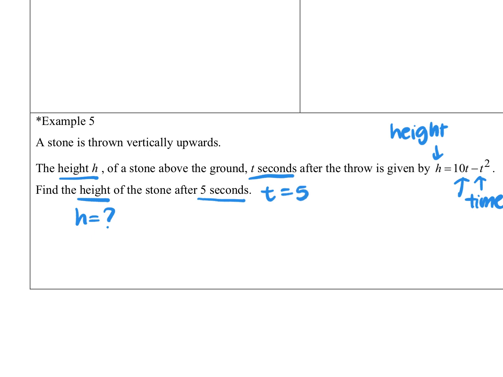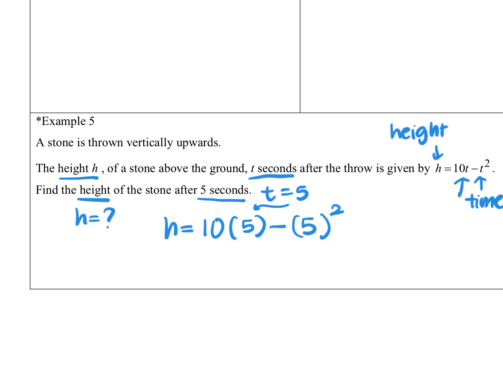So I'll use my equation given to me. I will have h equals to 10 times t minus t squared. I'll replace all t with empty brackets, and now I'm going to sub in the value for t to be the number 5.